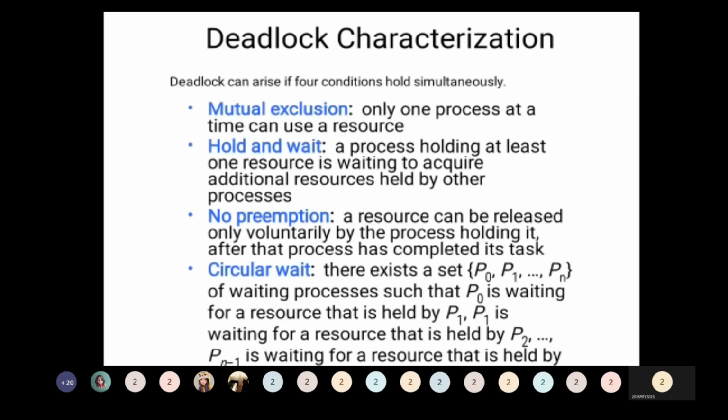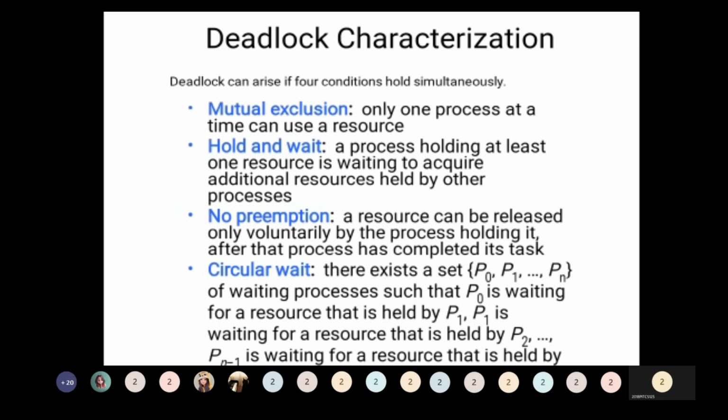So deadlock characterization. Deadlock can arise if the following four conditions hold simultaneously. Whenever in your system model of resources, if the following four conditions are going to occur simultaneously, then we can say deadlock has occurred. We will see the conditions one by one. The first condition is called mutual exclusion.